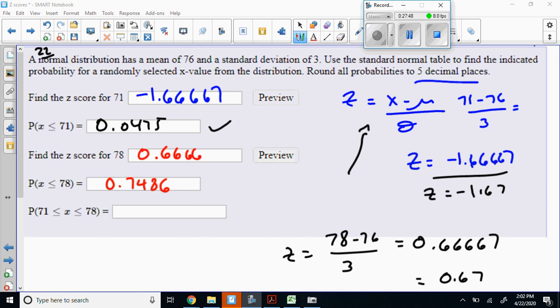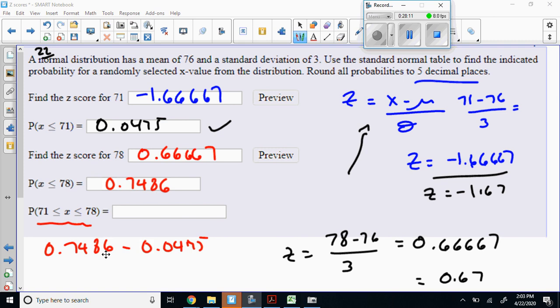And then they say, what's between them? What's the probability between them? So we're going to take 0.7486 minus 0.0475, right? That's these areas, right?